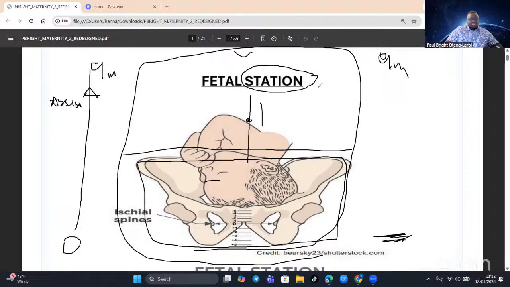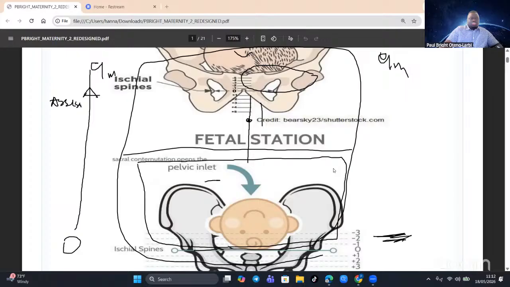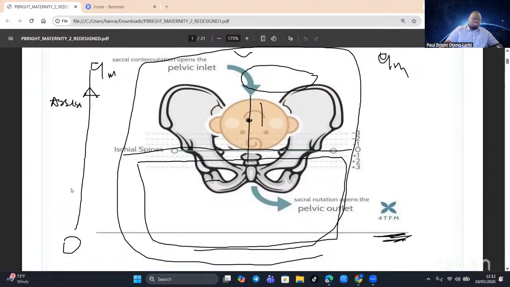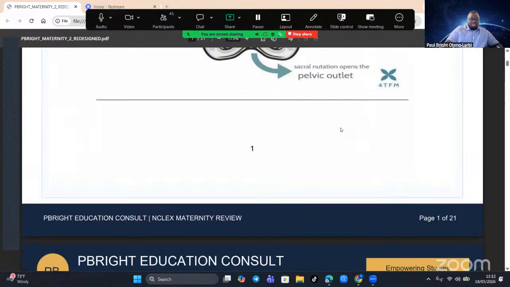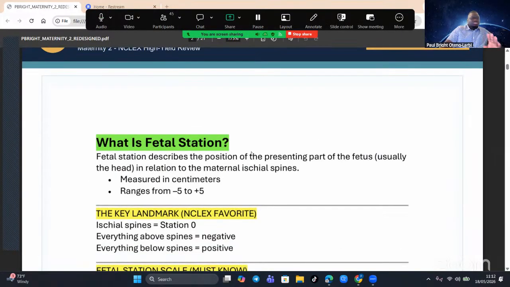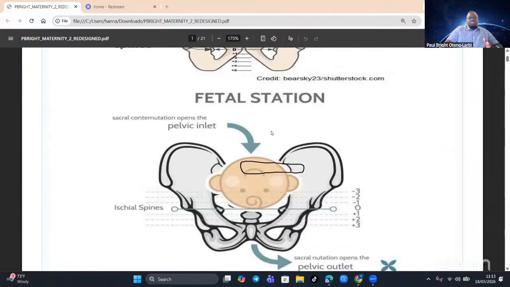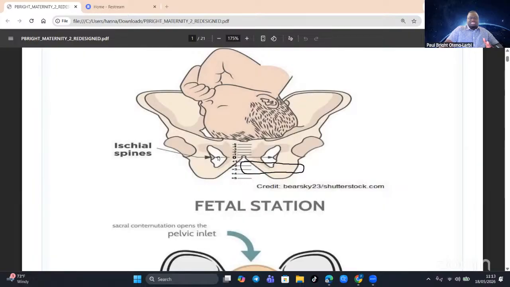The baby's head is going down, going down, until we get to what we call the ischial spine. This bone, the ischial spine. If you look at the top here, this is the ischial spine.